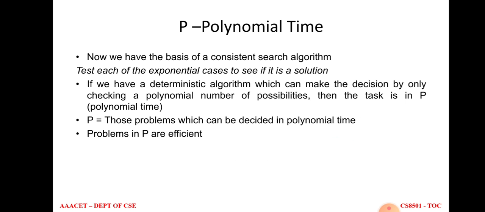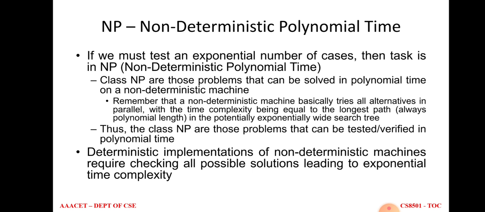So what is class P? P stands for polynomial time. The problems in class P can be solved in polynomial time, and those problems that can be decided in polynomial time are very efficient. So what is NP?